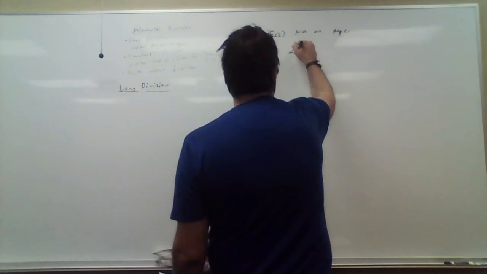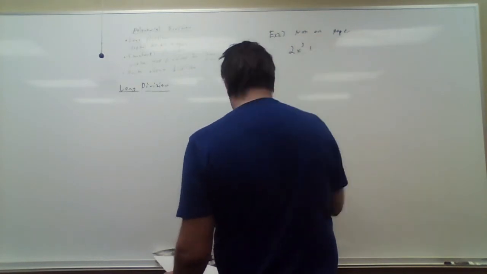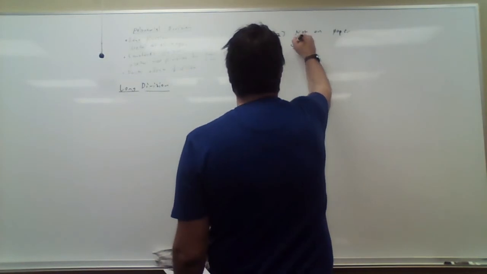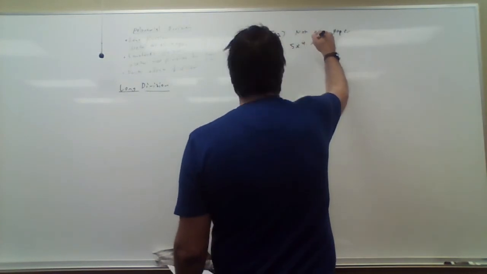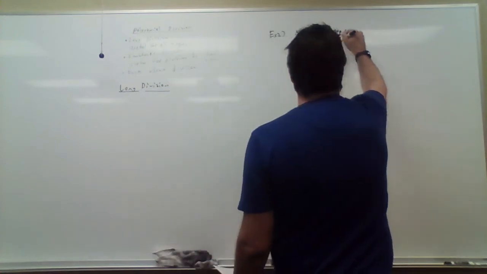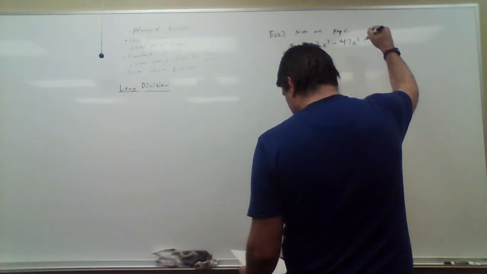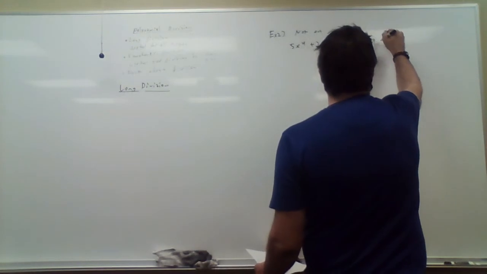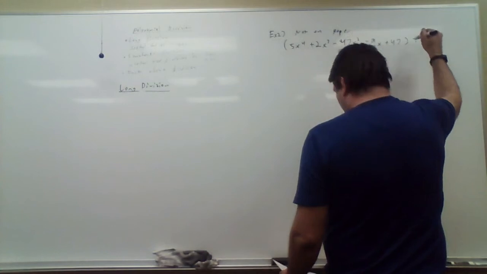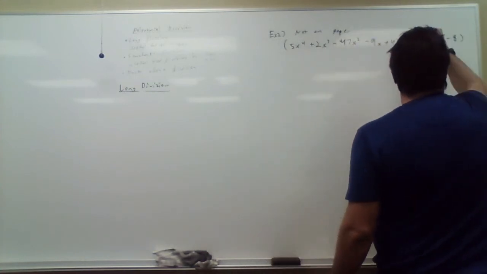It's 2x cubed plus, sorry, wrong one. 5x to the fourth plus 2x cubed minus 47x squared minus 9x plus 47 divided by x squared minus 8.